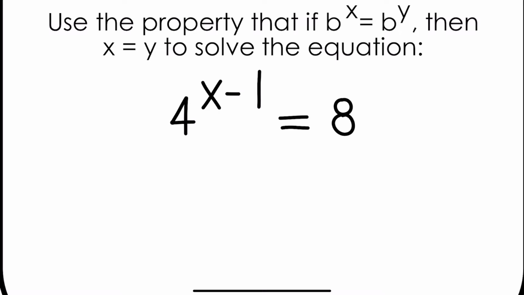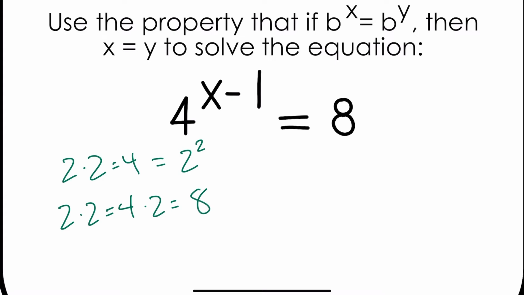So let's find out how many 2s it takes to go into 4. So I got 2 times 2. Well, we're already there. That's 4. So that's 2 squared. And then let's do 8. That's going to be 2 times 2, which we already said was 4, times 2 again. That's going to get us to 8. So that took 1, 2, 3 2s. So that's 2 to the 3rd power.